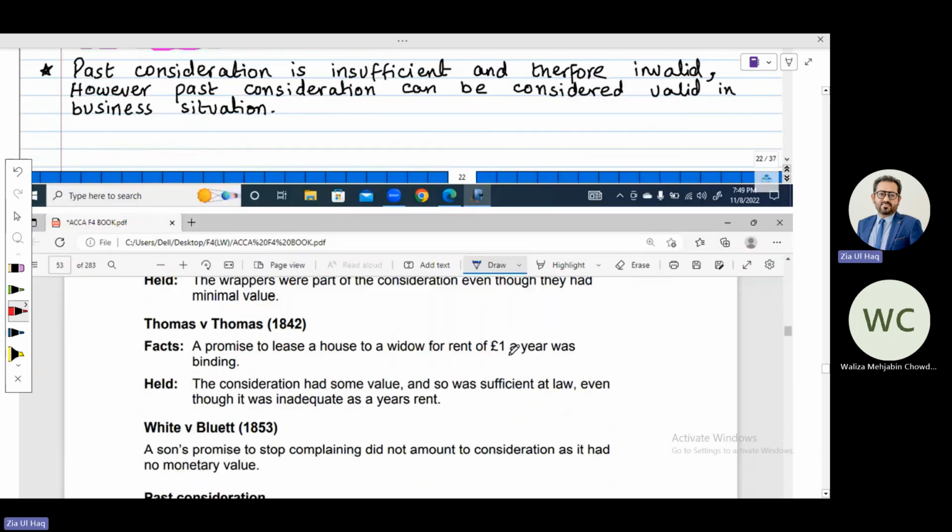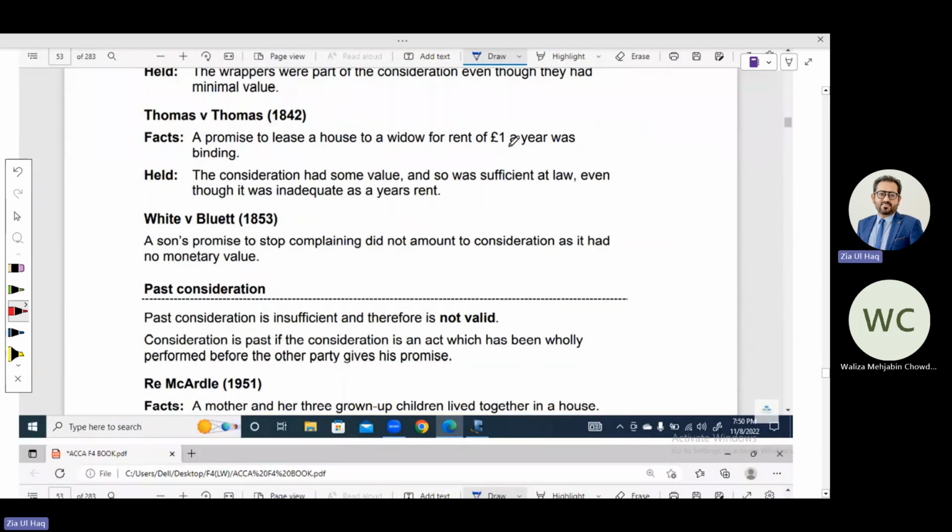Let's discuss a case, Thomas versus Thomas. A promise to lease a house to a widow for a rent of £1 a year was binding. One person gave the house and the widow paid rent of £1 per year.